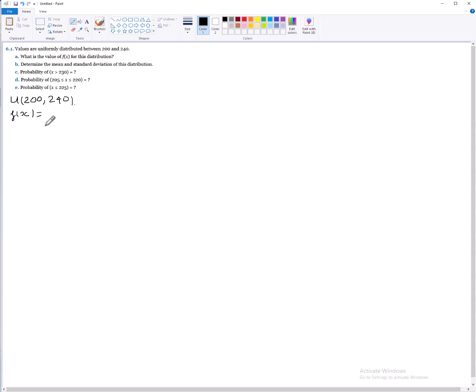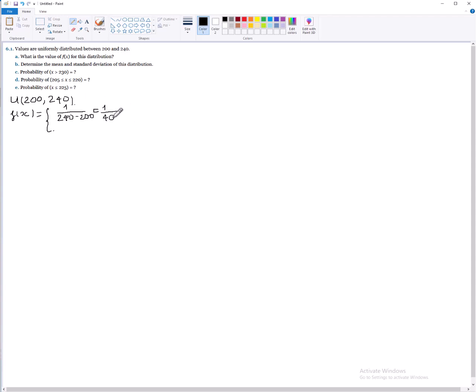So f of x has the following formula: 1 divided by b minus a, right? So 240 minus 200.